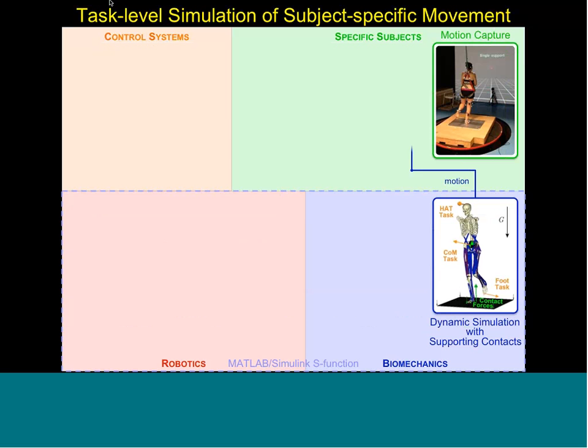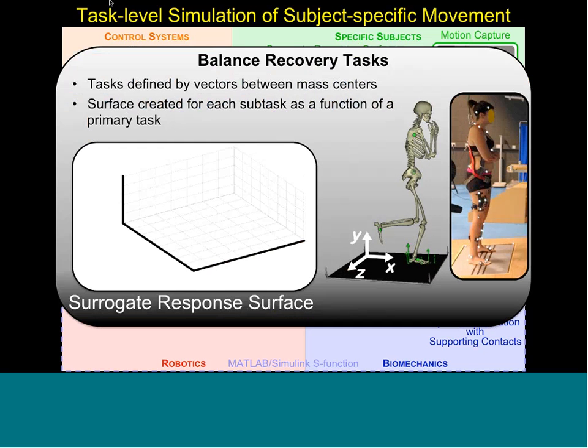Unlike many other biomechanical applications and studies that have been done before, we're not trying to track any specific kinematics or track the marker set that we collected from the CAREN system. We actually use those kinematics as a reference for defining our biological tasks. I'm going to go through some more definition of what I mean by these tasks.